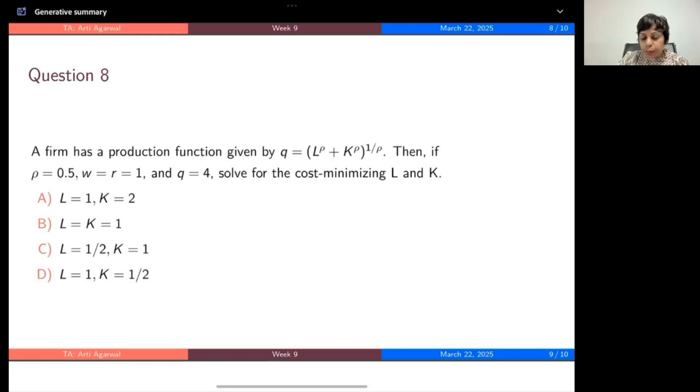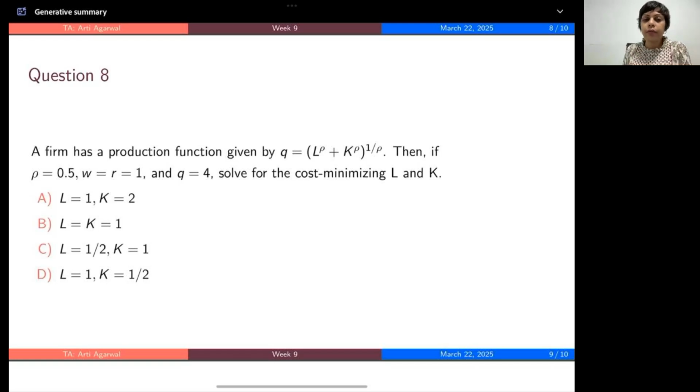Now, in this particular example, you are given the values of W, R, Q, and rho. But for this kind of function, you could be asked to solve for it in terms of rho also. And I think this, if I'm not mistaken, is given as a solved example in the Perloff book.